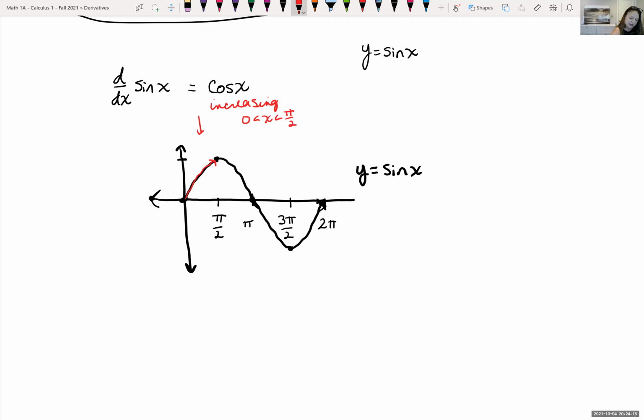And then it's also increasing here from 3 pi halves to 2 pi. So recall, if our function is increasing, then we know that our derivative is going to be greater than 0. It's above the x-axis.